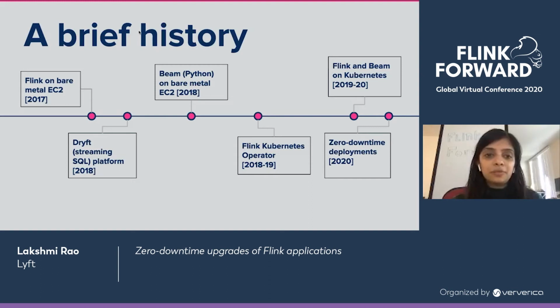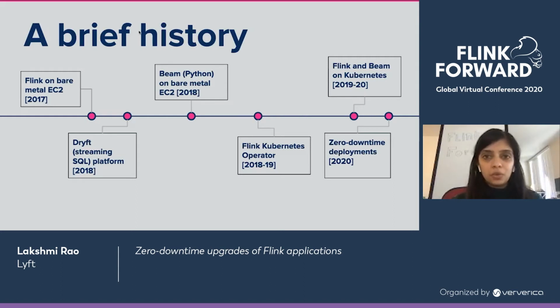We started deploying Flink at Lyft in late 2017 on bare metal EC2 instances. And this was quickly followed by our other abstraction layers like our streaming SQL platform and Beam Python jobs, all of them deployed on bare metal EC2. And then later in 2018, early 2019, we started working on a Flink Kubernetes operator that we open sourced in mid 2019.